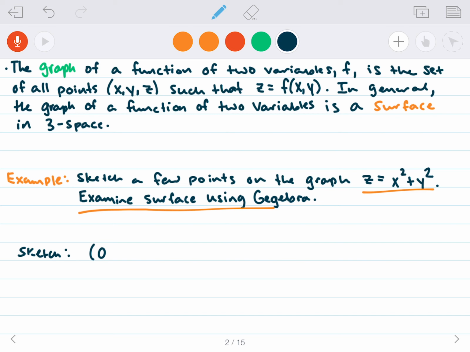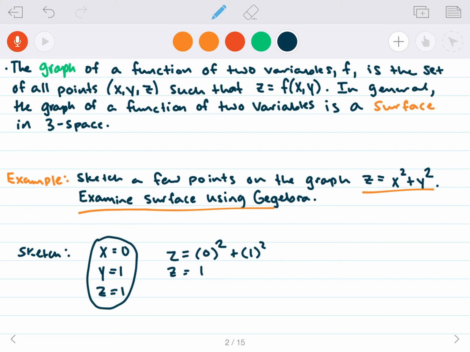So if we set x equals 0, y equals 1, to solve for z, we just plug in these values. I have to pick 2 points as my input, remember, and we get 0 squared plus 1 squared. So that's going to give us z equals 1. And so here's 1 point on the graph.